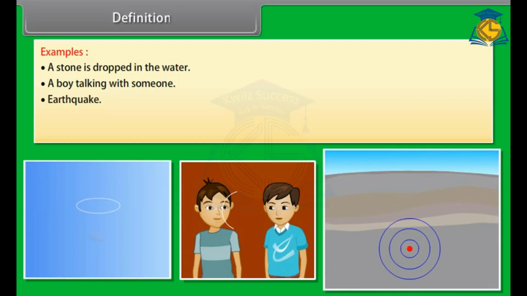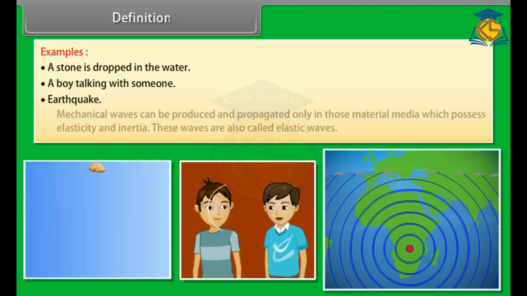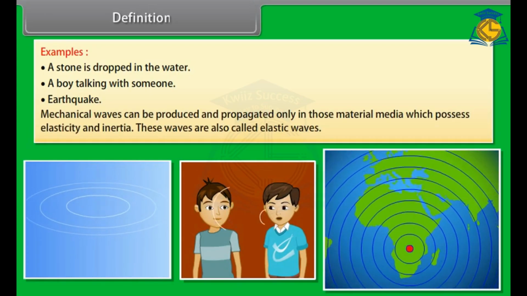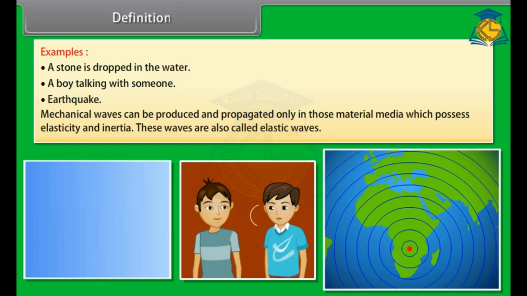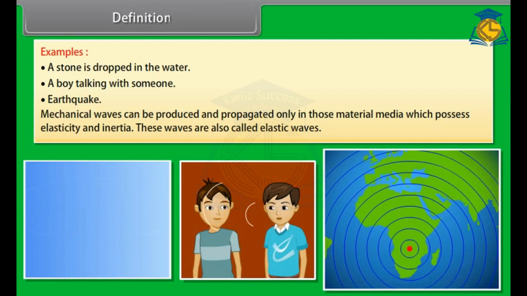In this chapter, we shall study about mechanical wave motion. Mechanical waves can be produced and propagated only in those material media which possess elasticity and inertia. These waves are also called elastic waves. Transverse and longitudinal waves.